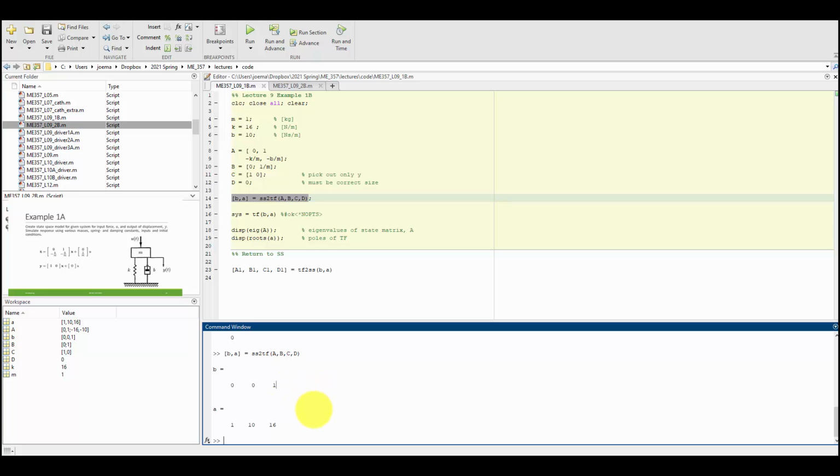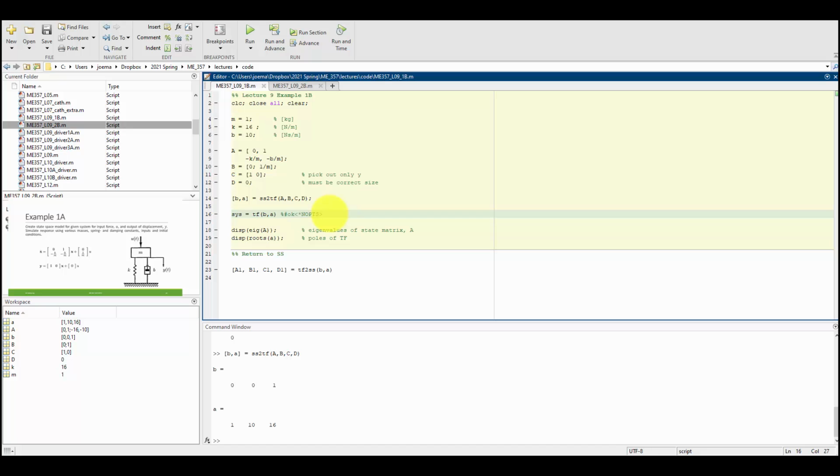These are the coefficients in front of the s terms for the transfer function. A will be the denominator. Working right to left, it will have 16 as a constant, 10s, and 1s squared, or just s squared, in the denominator. And B, working right to left, will have 1, just the constant, and that's it for the numerator.